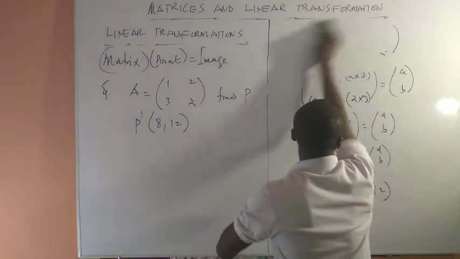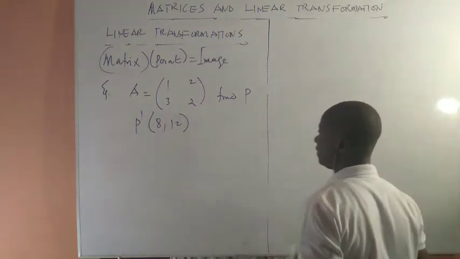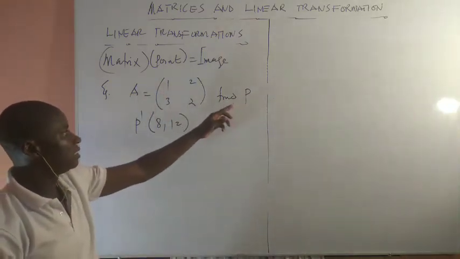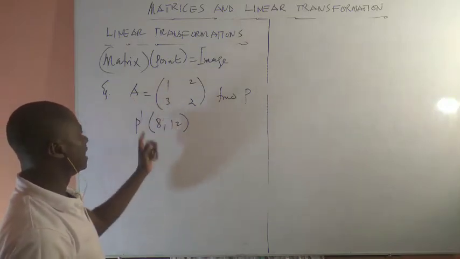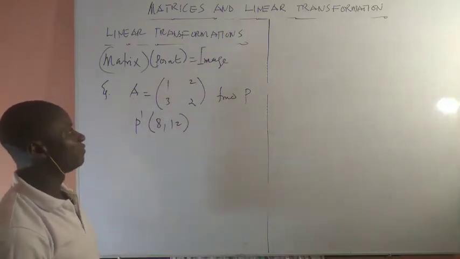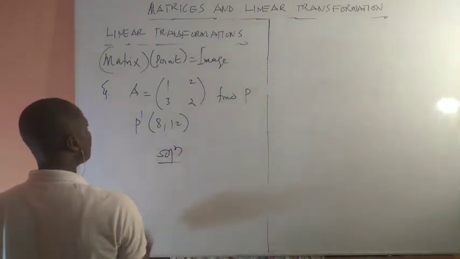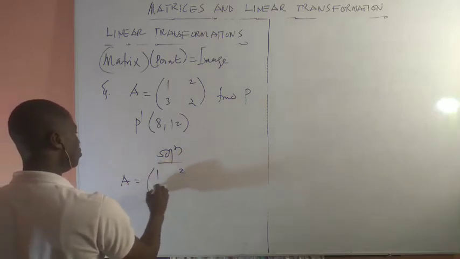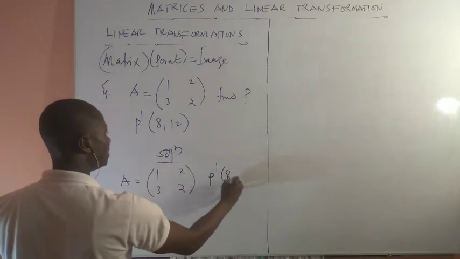Let's see how best we can find the point given the image. Don't forget that in the first one, we were given the matrix and the point, and we had to find the image. Now we are given the matrix and the image, and let's see how best we can find the point. That's why we are using the same question. So, solution. The matrix A equals 1, 2, 3, 2, and the image is 8, 12.